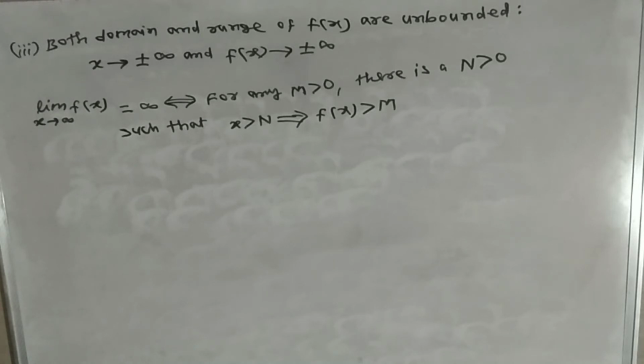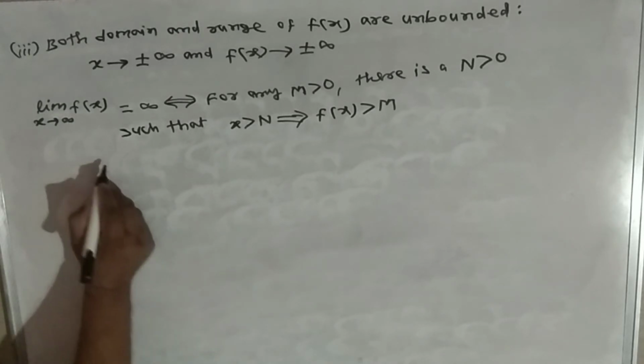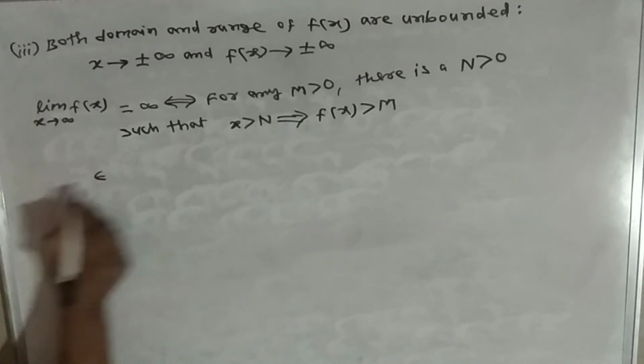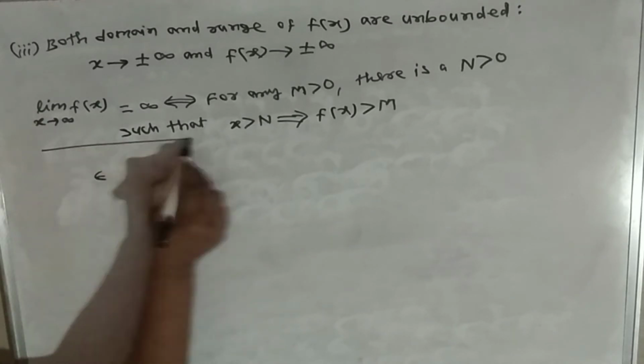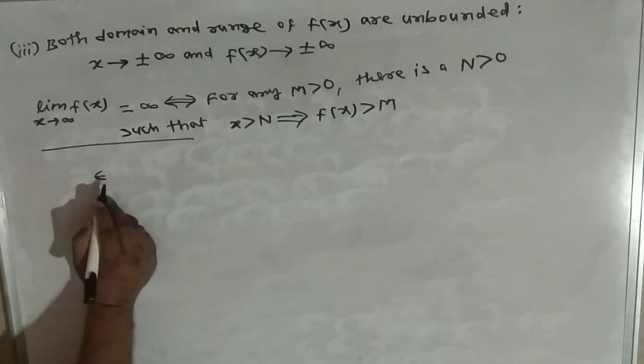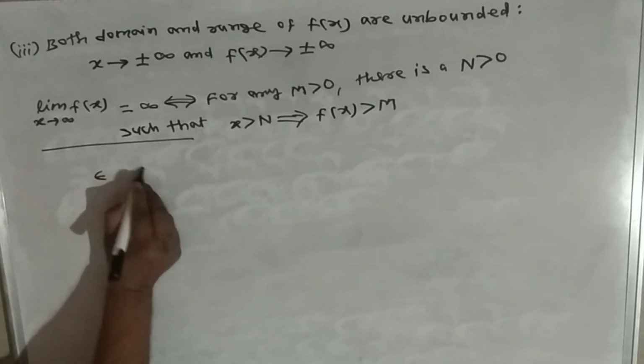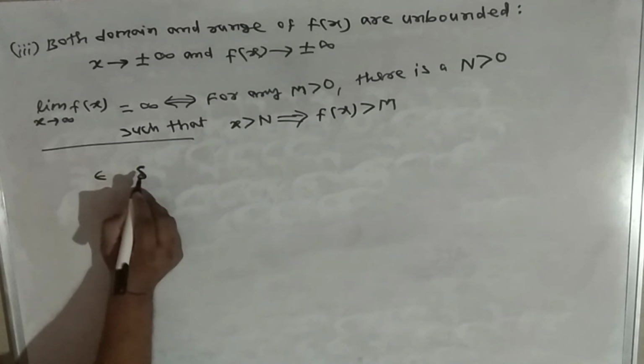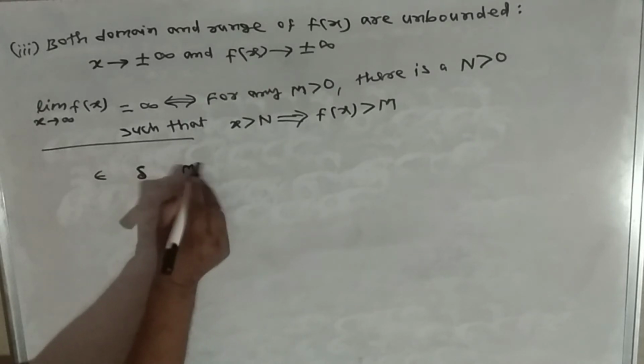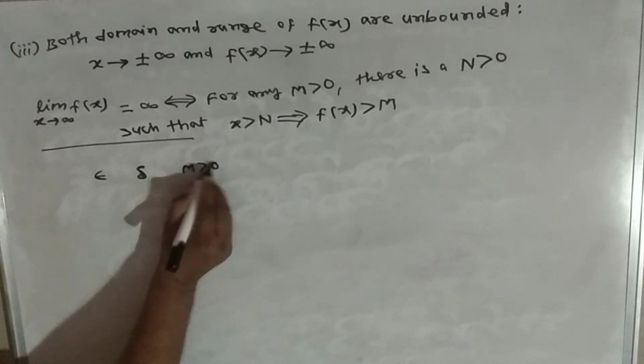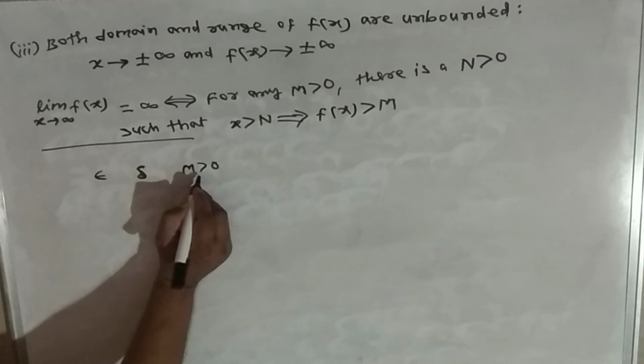In the earlier definition of limit, we used epsilon and delta. Now delta is missing, and a new m greater than 0 appears.